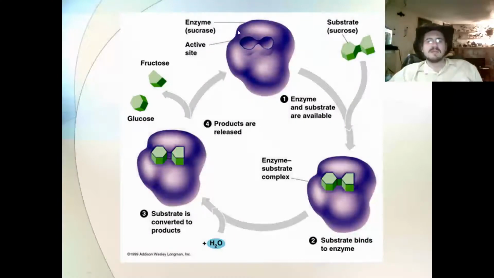Here's an example of an enzyme called sucrase. You'll see that this enzyme ends in ASE. So the letters ASE like that are a dead giveaway because every single enzyme that I am aware of ends in ASE. Just period.